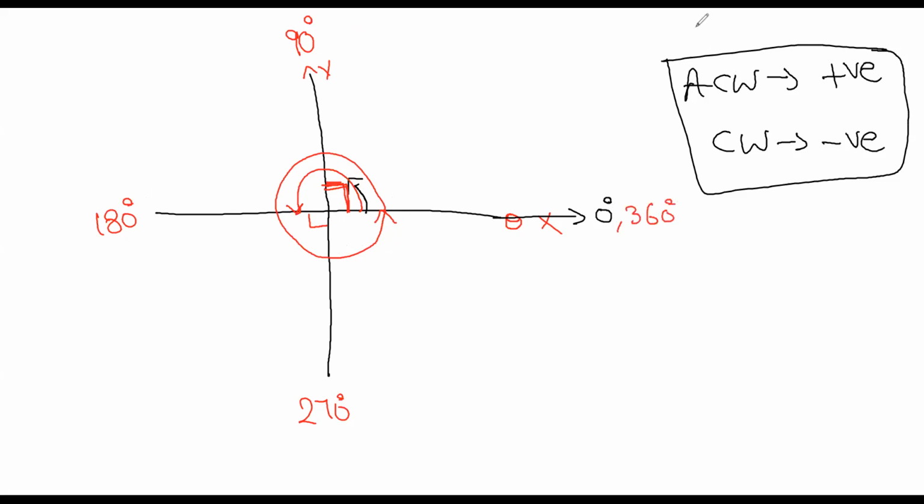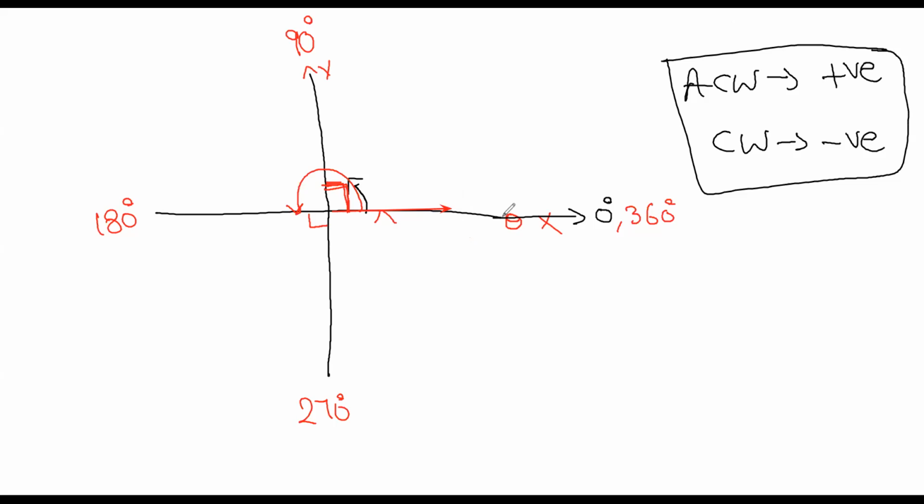If you take an arrow over here and rotate it by 360 degrees, it is at the same position, right? There is no change in value, no decrease or increase in size, and no change in direction.